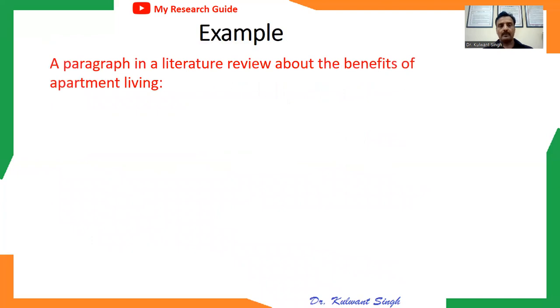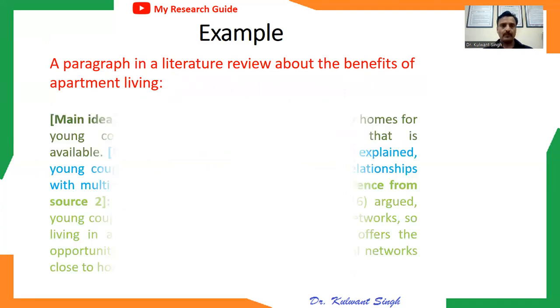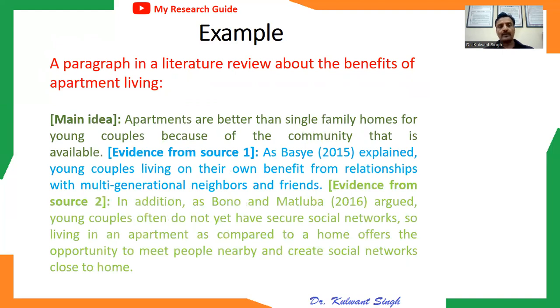Here is an example, a paragraph of a literature review about the benefit of apartment living. This is just an example of how we should write the literature review. First, there is the main idea: apartments are better than single-family homes for young couples because of the community that is available. Second, the evidence.